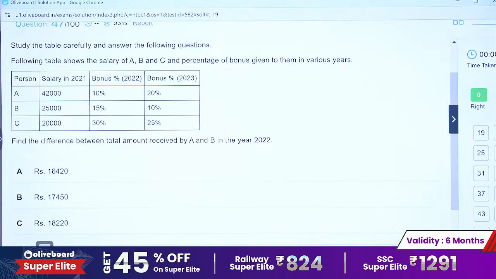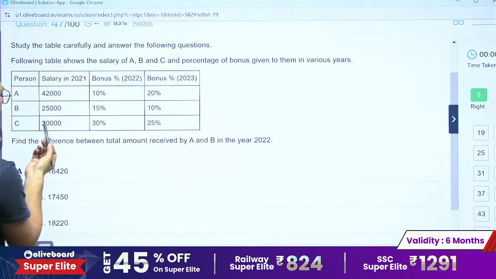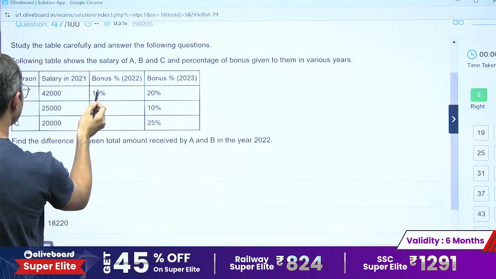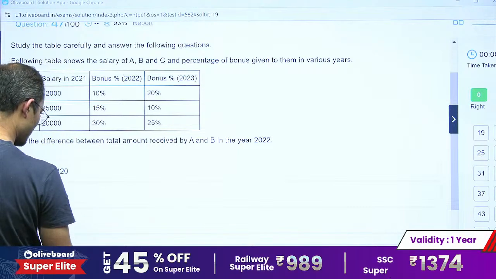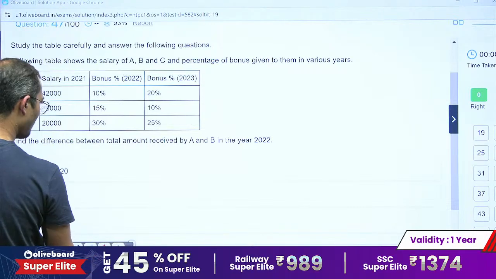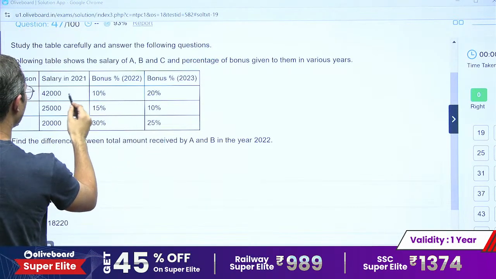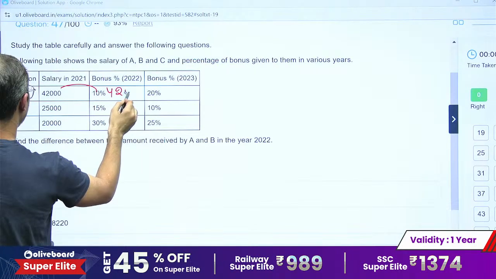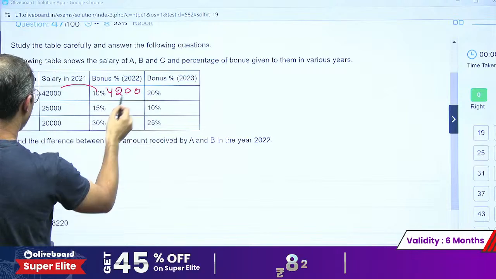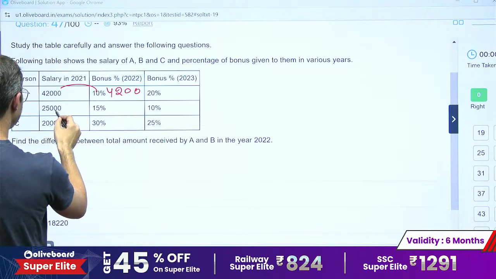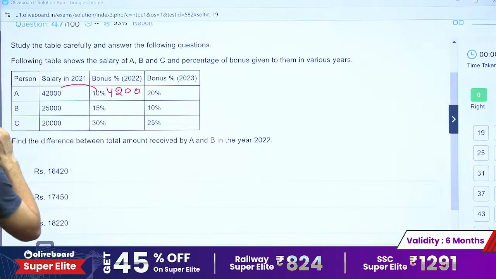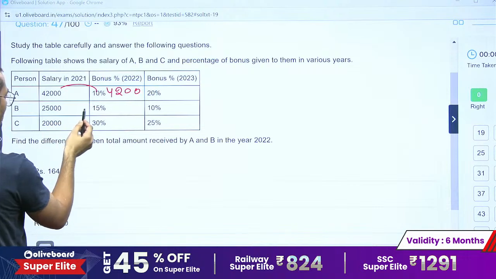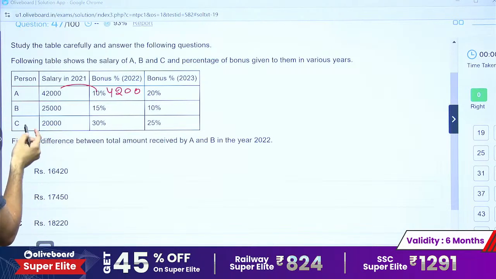Find the difference between the total amount received by A and B. Total amount received by A and B is the salary plus bonus, right? So we can say that the difference is how much? A and B difference. So the bonus is how much? Bonus is 10% of this. So we will get 40, right? And here the bonus is going to be 250 into 15. So we can say that 250 into 10.